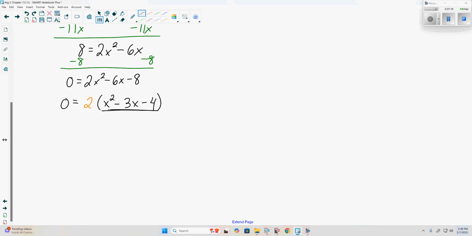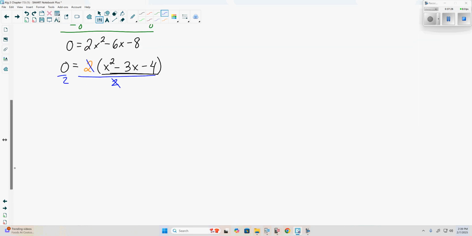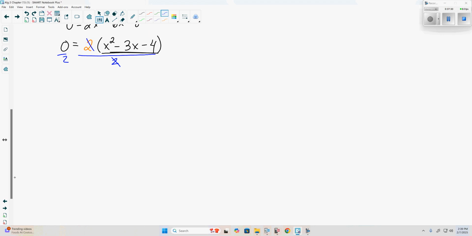So that's why I can say here, I divide both sides by 2. Those cancel. I can get rid of that greatest common factor of 2. Because that's only going to leave me with x squared minus 3x minus 4. All right, Everett, what's 0 divided by 2?